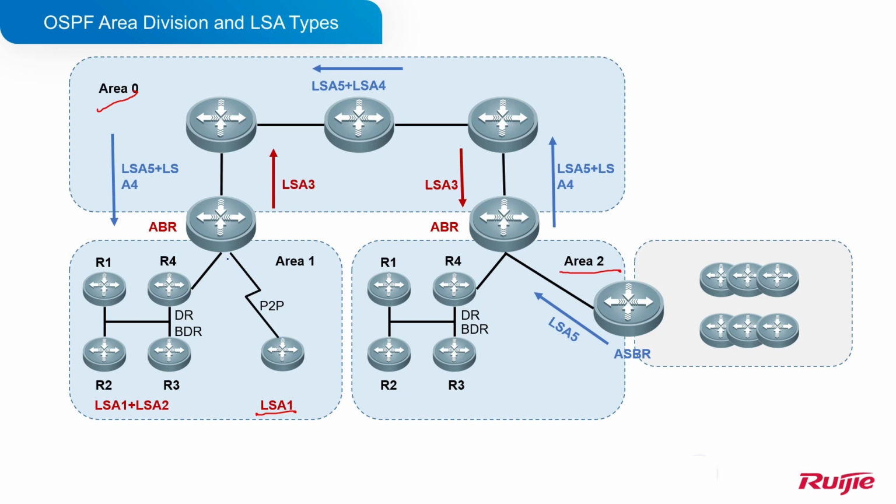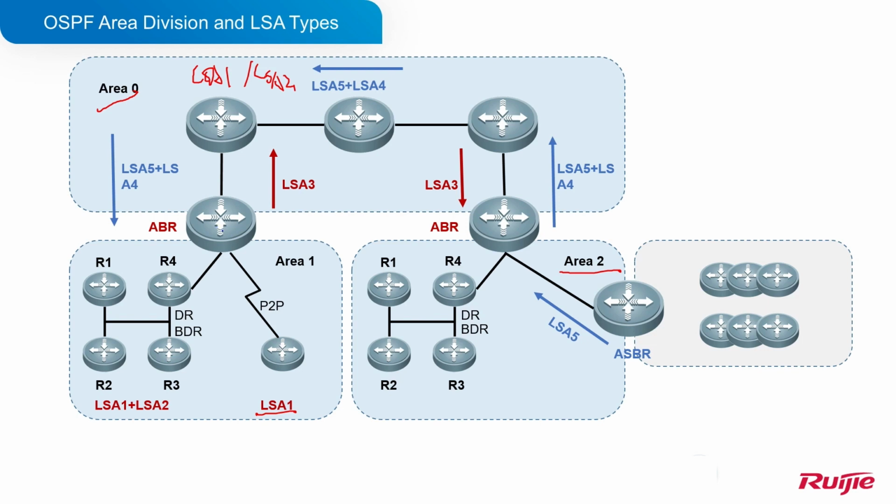For this area, every router will generate LSA information: LSA type 1 and LSA type 2. So every area will have LSA 1 and LSA 2. And then the LSA 1 and LSA 2 information needs to be transmitted to other areas.